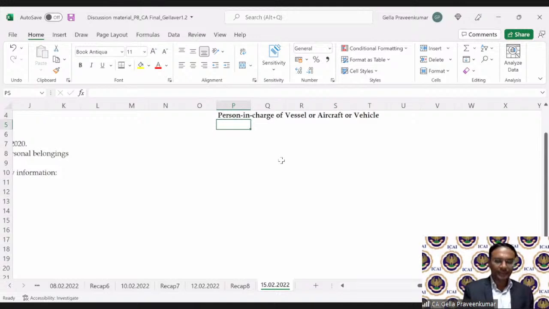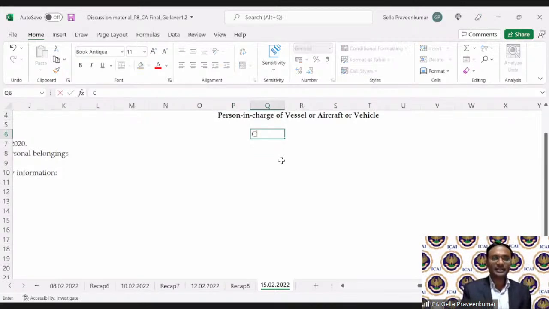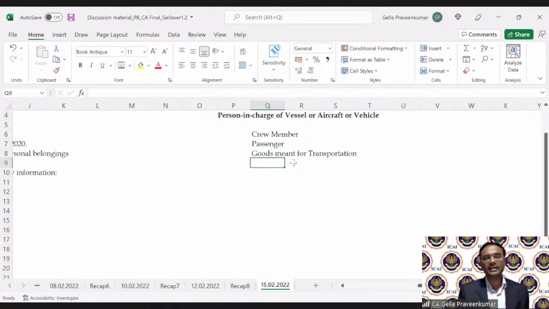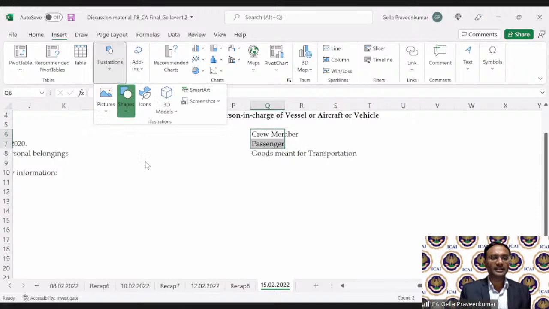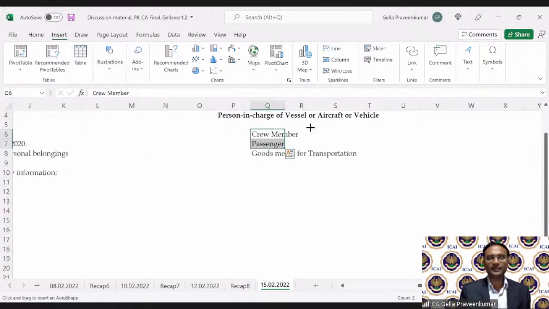So here, if you look at those particular modes of conveyance, there is someone called crew member, passenger, and goods meant for transportation. Now here, these two people make something called a declaration under section 77.